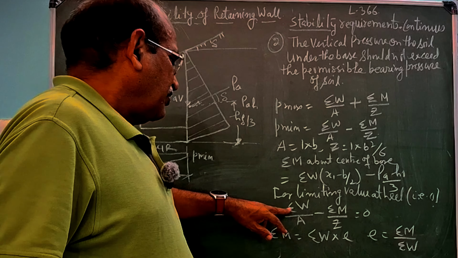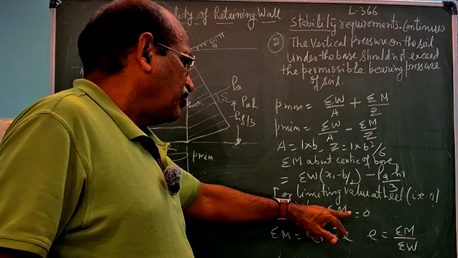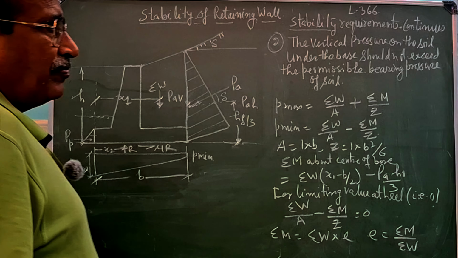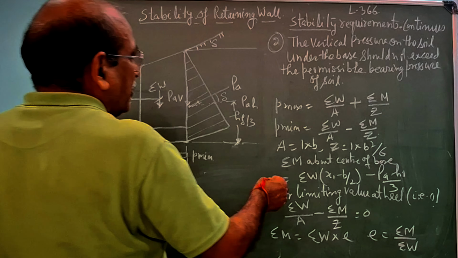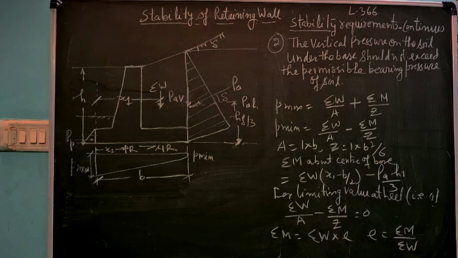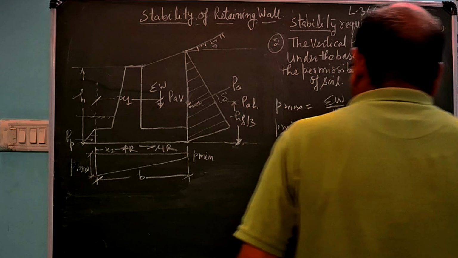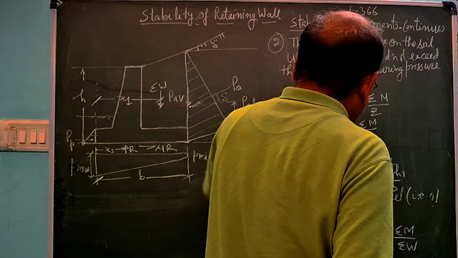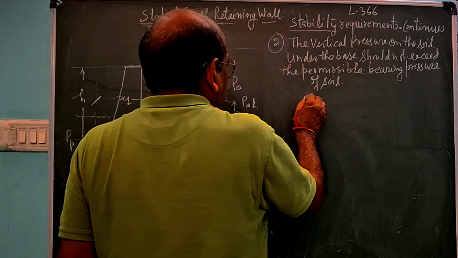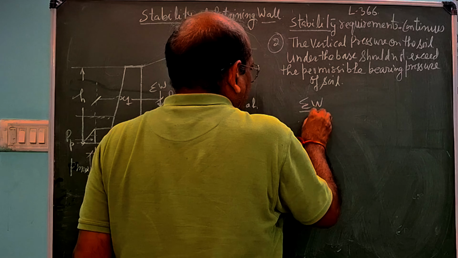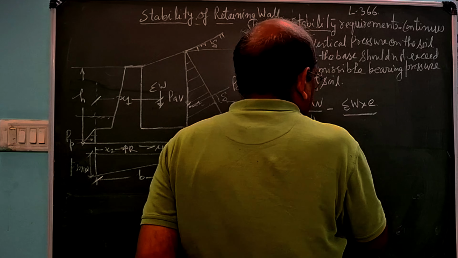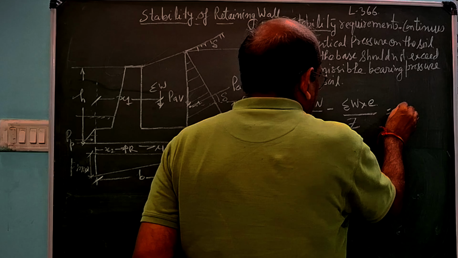And for limiting values, that is, P minimum equals 0, you can put this in and find out the value of the minimum E. So the stability requirement for the maximum is this: for the limiting value, sigma W upon A minus sigma W into E upon Z equals 0.